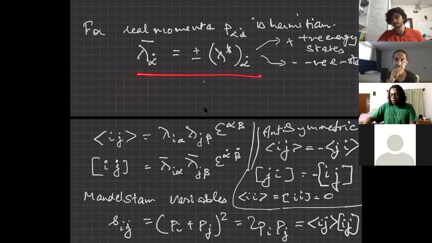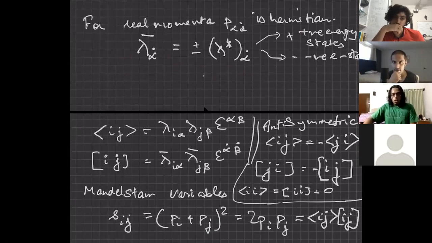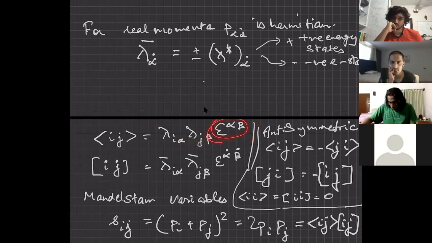So you get this particular relation after you impose the Hermitian condition, and thus you can write down the product of the spinors in terms of brackets, two kinds of brackets. These are called angle brackets and these are called square brackets. And then you have the epsilon symbol, the Levi-Civita symbol.